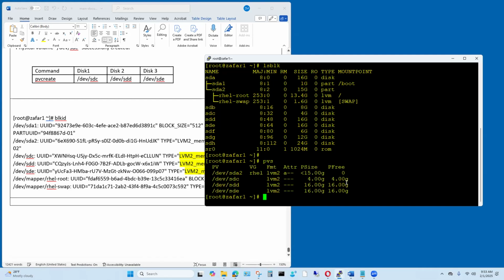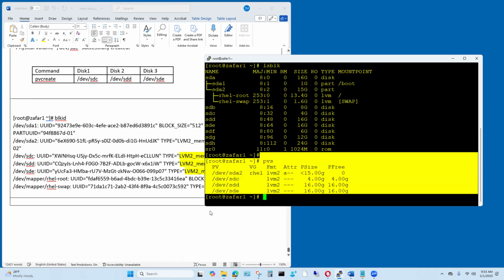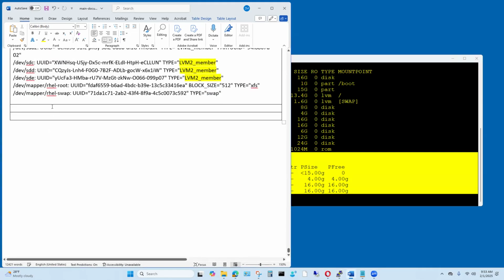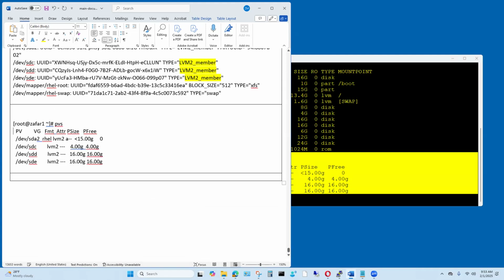PVS means physical volume show. It shows the physical volumes that are available or being used.